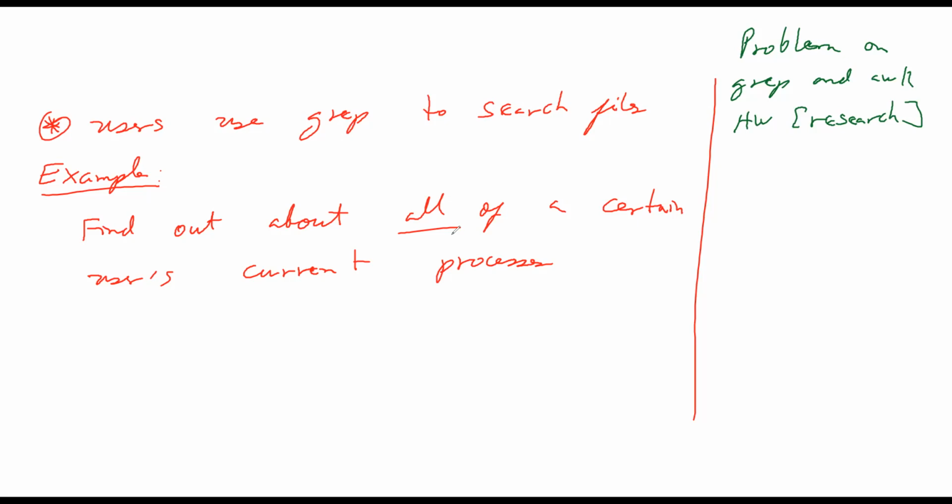We need to analyze it for whatever reason. It doesn't have to be a bad reason, right? It's a good reason too. So how do you do it? Well, this will involve some kind of Linux command. It might involve piping the output of the Linux command to a facility that allows you to search the output, right?